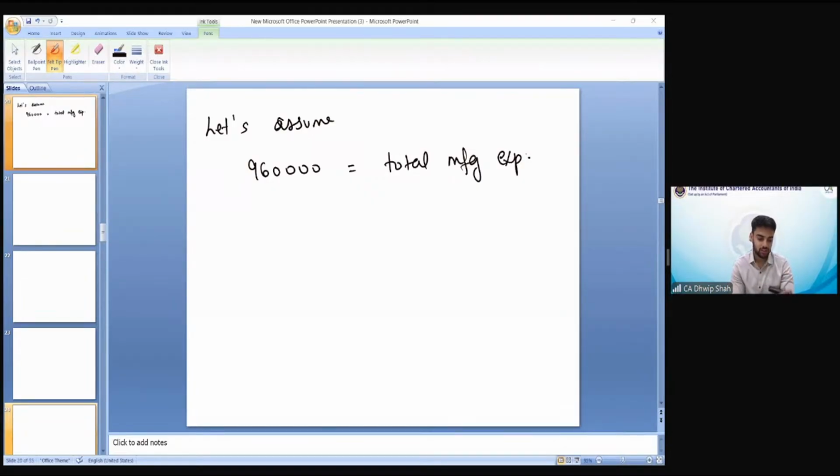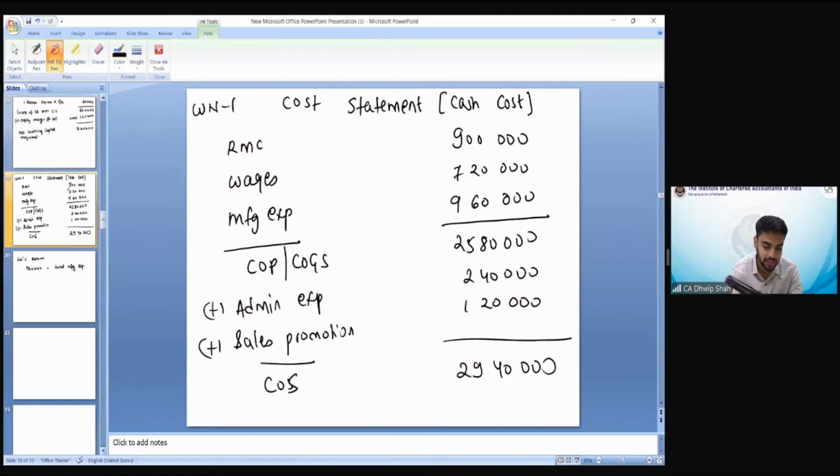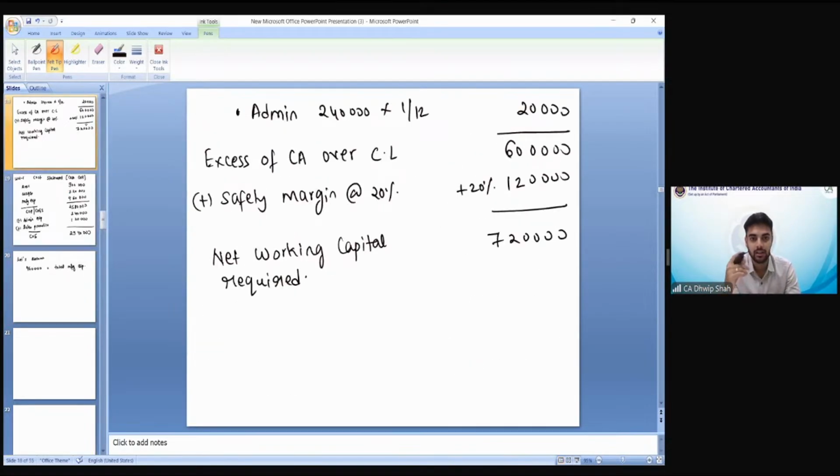I guess when I explained safety margin, either you were sleeping or you were on a break, because I explained very early, when I explained the format, that safety margin is nothing but taking a conservative approach. This 6 lakh is nothing but an estimated figure.